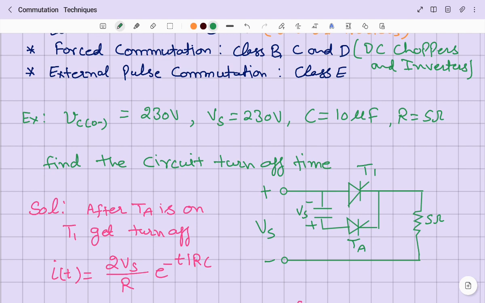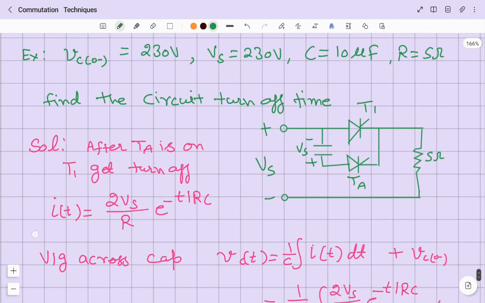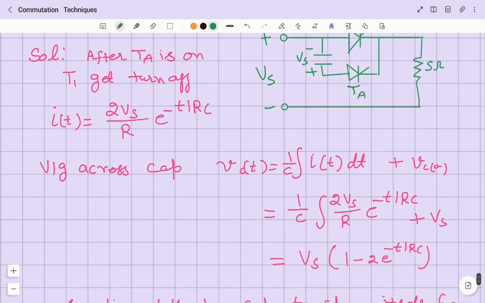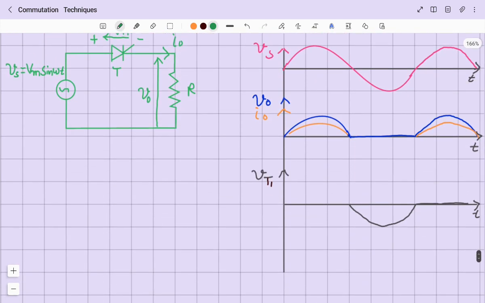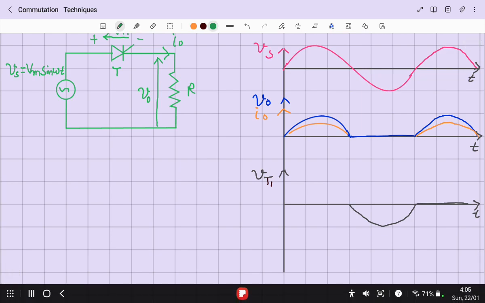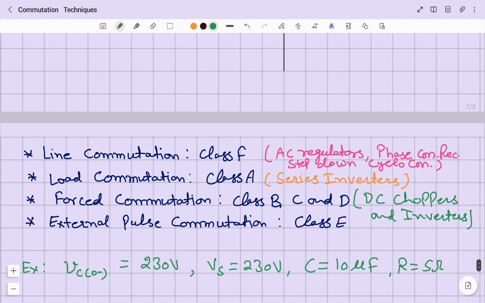The initial capacitor voltage is 230 volt. Supply voltage is 230 volt. Capacitor C is 10 microfarad and resistance R is 5 ohm. You have to find out the circuit turn off time.